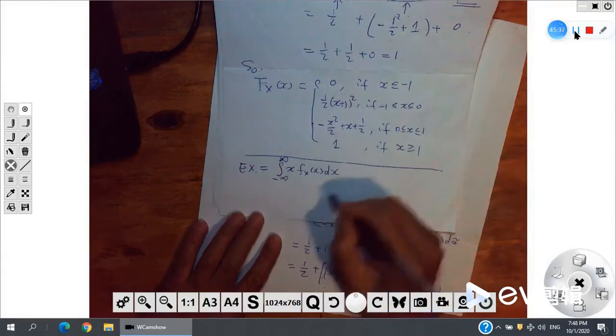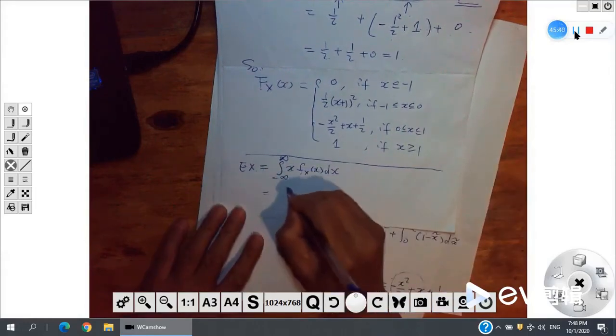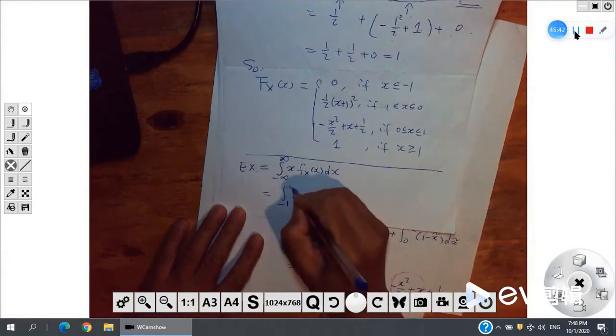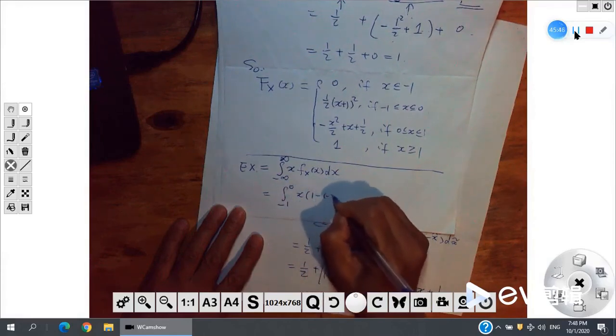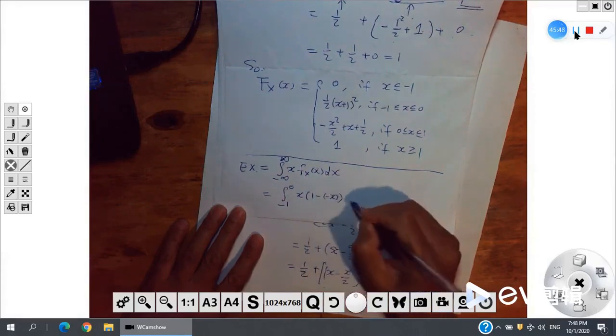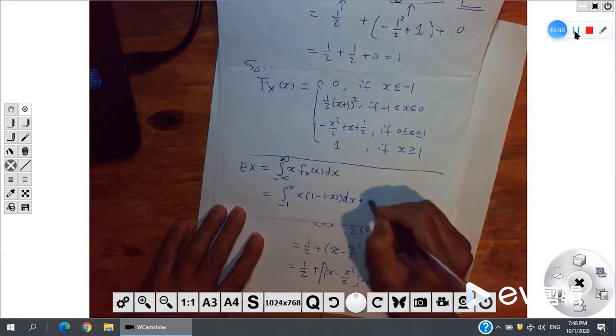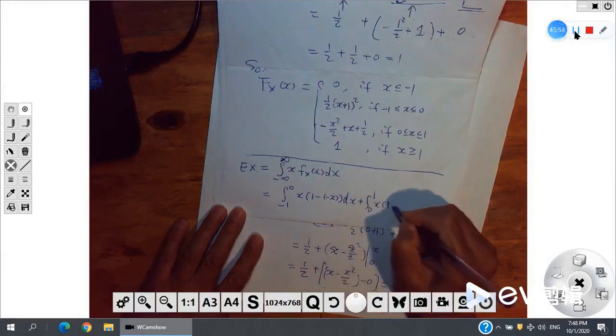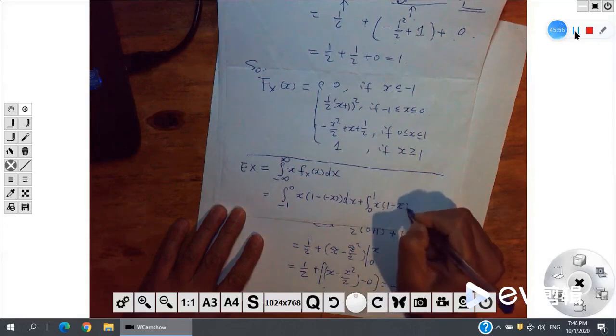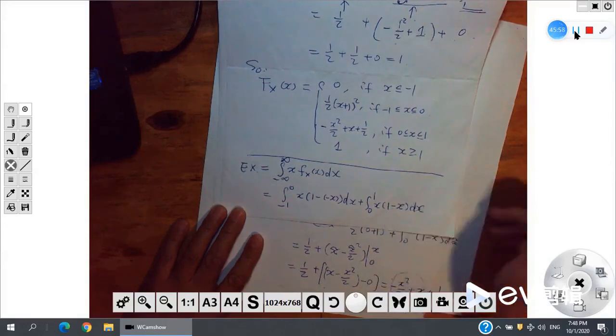But now we only need from negative 1 to 0. This is x times 1 minus a negative x, which is the absolute value of x. And plus from 0 to 1, the density function is 1 minus positive x dx. Okay, we have this one.